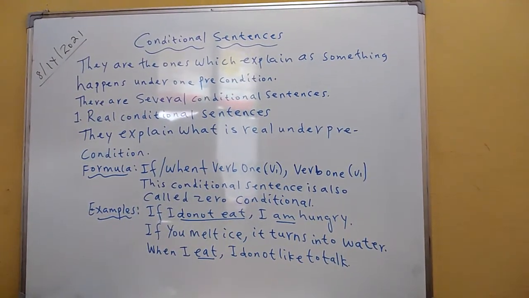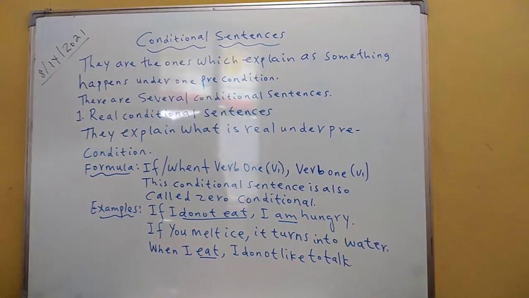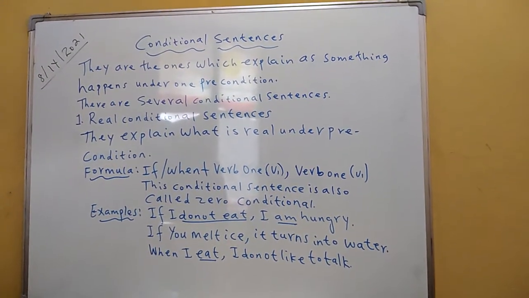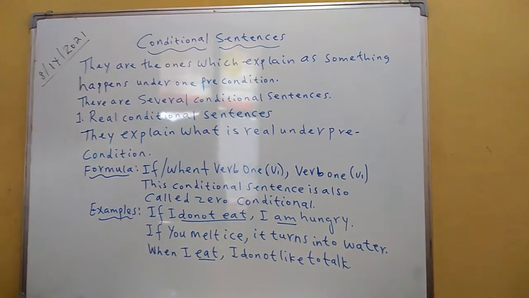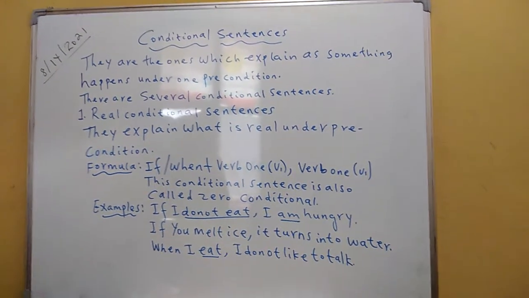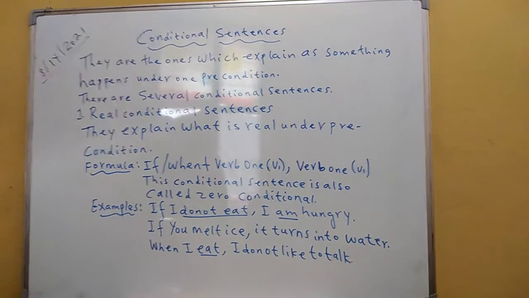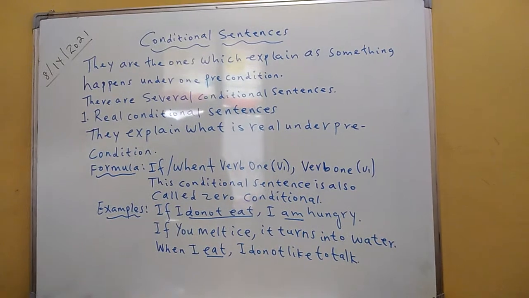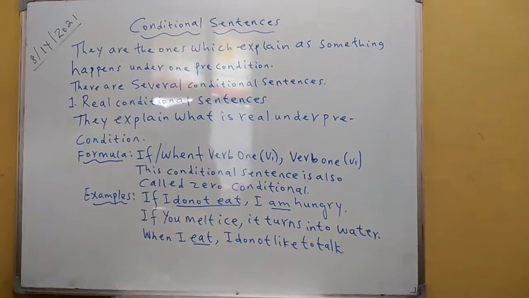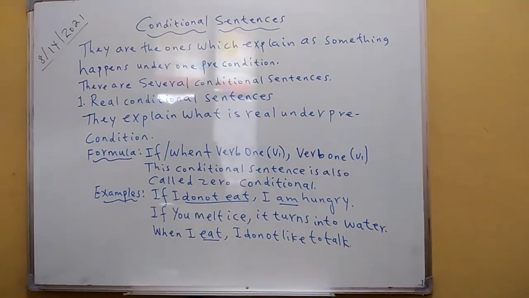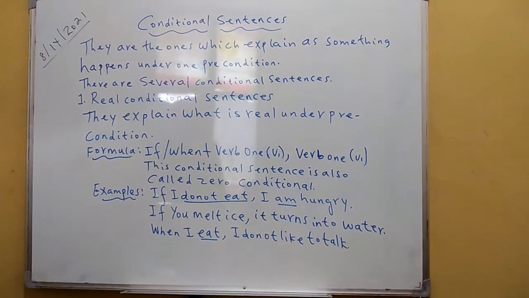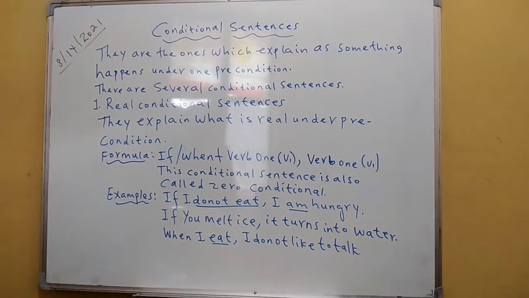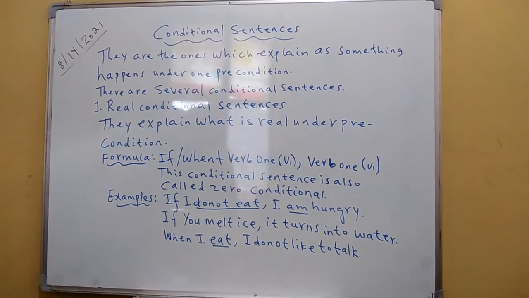For now we are discussing real conditional sentences, or sometimes they are called real conditionals, and the ones which are created from V1, which means that in both cases, in the dependent and independent sentence, you are going to have V1, which means verb 1. Based on this, you can create different or several sentences, which are called real conditional sentences.